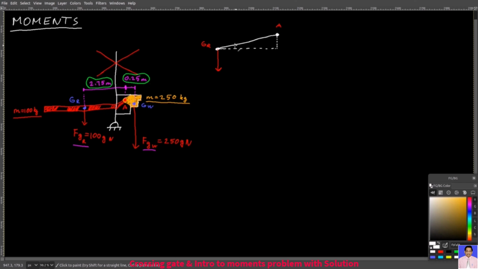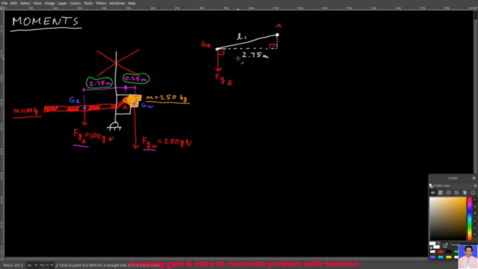The total length between these 2 points is L1. The perpendicular distance between point A and the force of gravity, FGR, that's 2.75 meters.